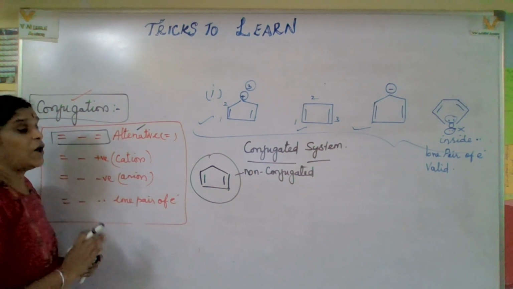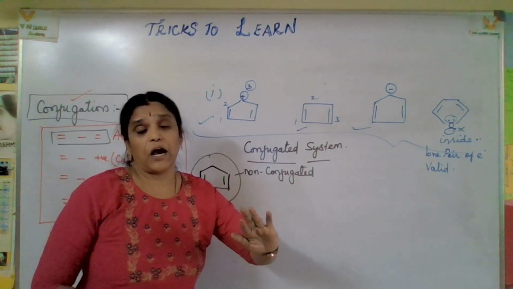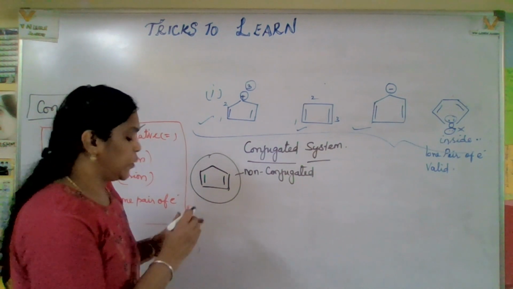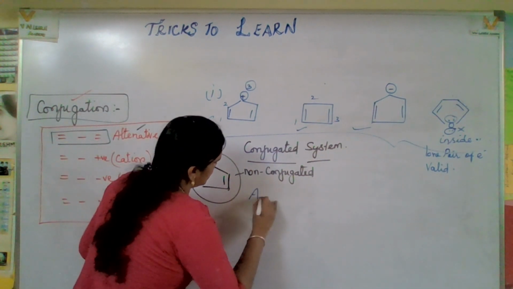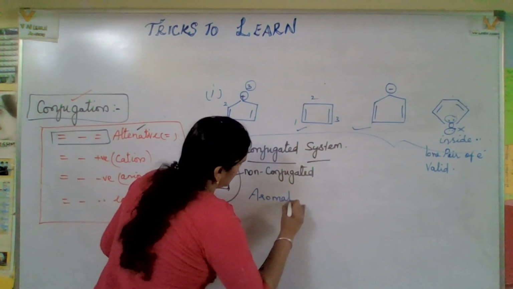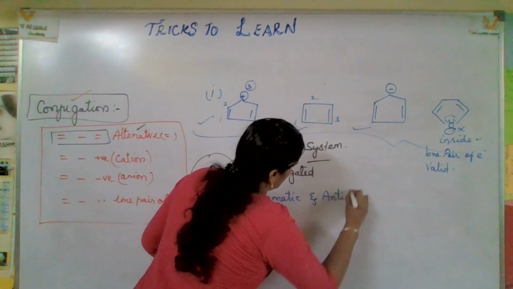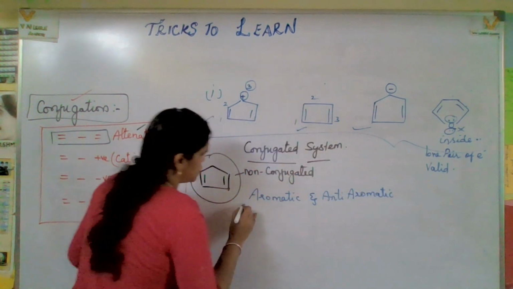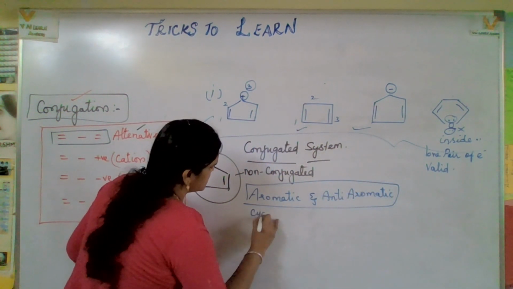Okay, now let us identify another rule, for aromatic and anti-aromatic. What are the rules to be noted? First and foremost, for aromatic and anti-aromatic, we have to consider cyclic.